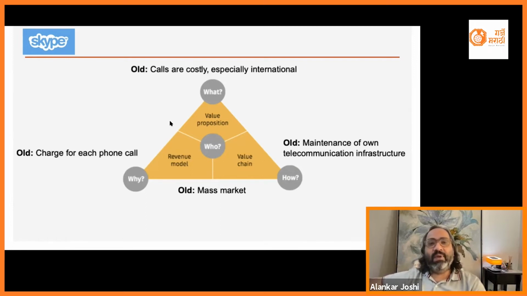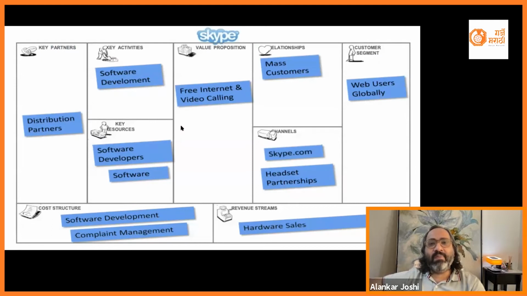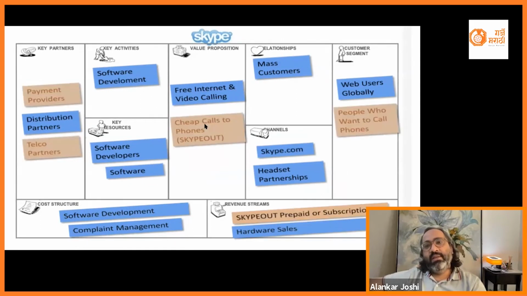So what did Skype actually do? Skype innovated around different aspects of the business model. What they did was they figured out that as the number of internet users increased globally, there were a lot of people who were on the internet, and they could become potential customers for making phone calls over the internet, right?